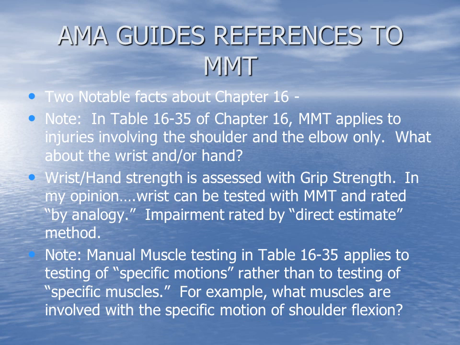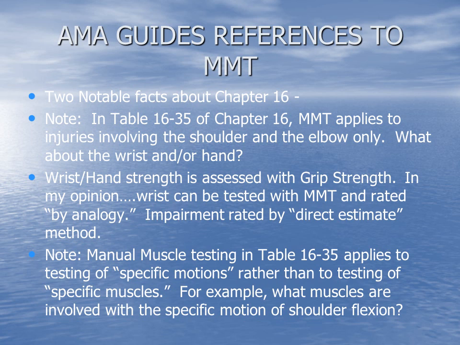Okay, so there's a couple of notable facts about Chapter 16. Number one, I pointed out in Table 16-35 that manual muscle testing only applies to injuries involving the shoulder and the elbow. Well, it's my opinion that by analogy, you could also use Table 16-35 to describe strength deficits with the wrist. Well, what about the hand?